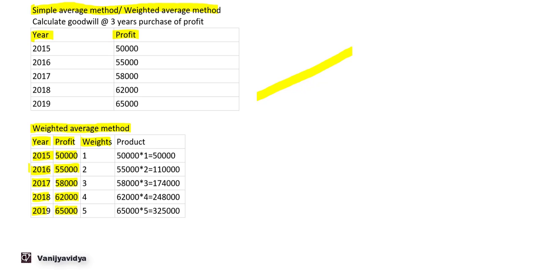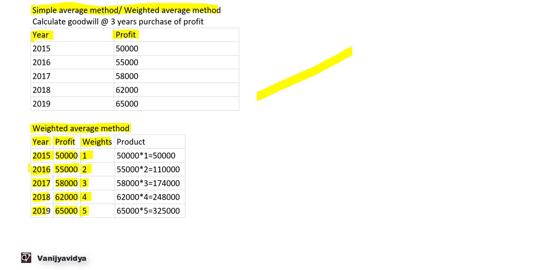Now weights. How do we allocate the weights? For the latest year, the weight has to be 5, that is greater. So we will allocate the weights in the sequence of the years, that is 2015 1, 2016 2, 2017 3, 2018 4 and 2019 5.